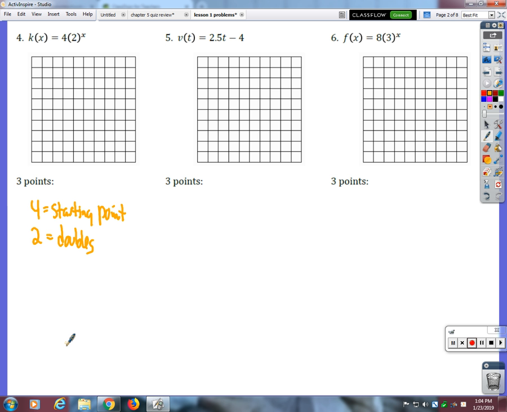So it'd be 4, and then 8, and then 16, and then 32, 64, 128, 256, 512, 1024, 2048. So what is the x? The x just goes up by 1 each time. The fact that it's in an exponent tells you that it's going to be a multiplying one, a curved one, not a straight one.